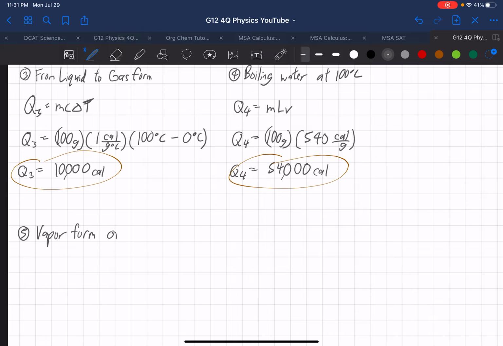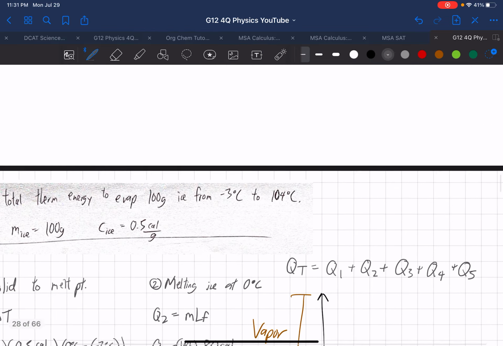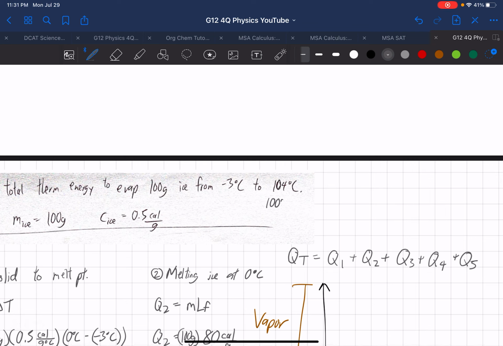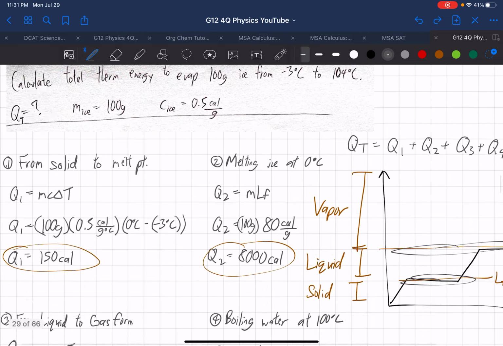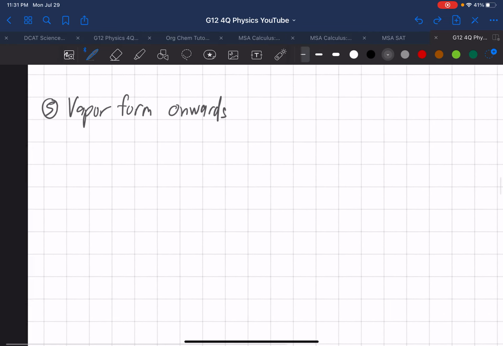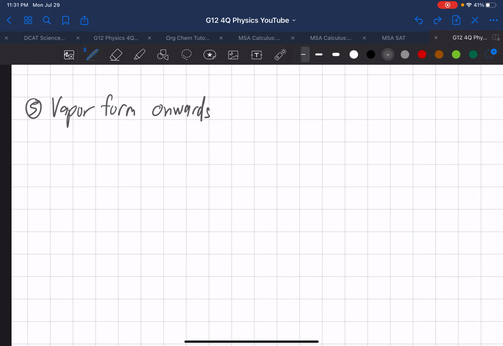Vapor form onwards. Usually we stop here if the final temperature is only up to 100 degrees Celsius, but we still have extra 4 degrees, so we still have to add another Q, that is Q5. So from there, we already have an idea that the initial temperature is 100 degrees Celsius. We just came from the boiling point.